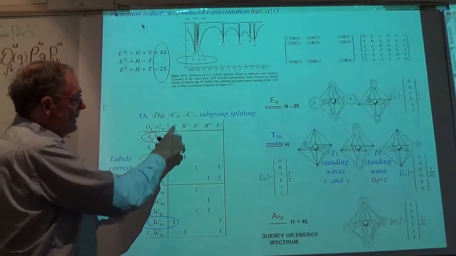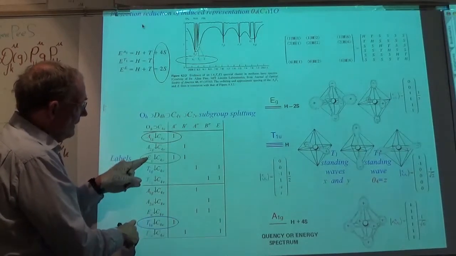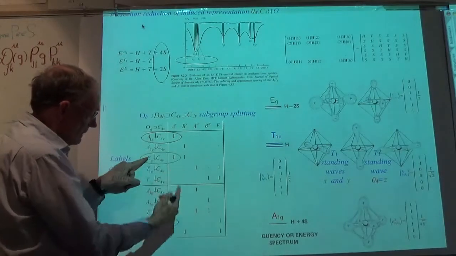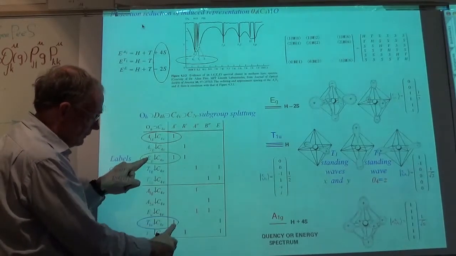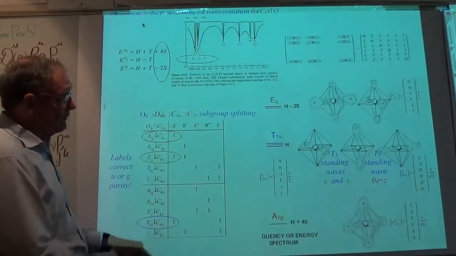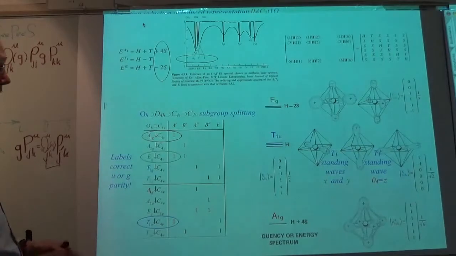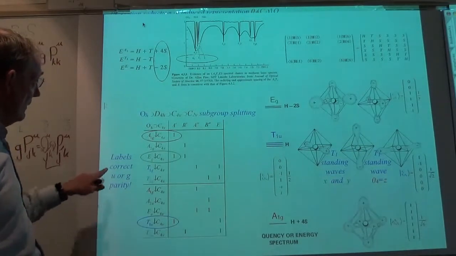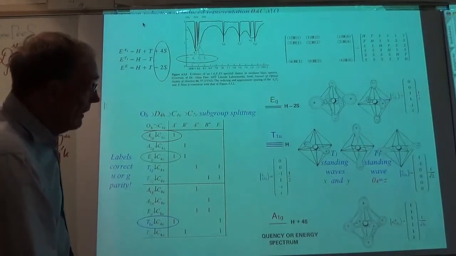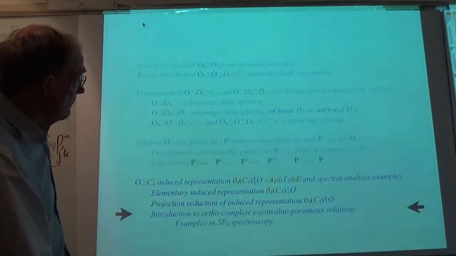And then I would get an induced representation consisting of A1g, Eg, and nothing for T1g, but I do get something for T1u. And that's what we have in this particular induced representation. Full symmetry with parity labels it correctly. It's easy to do just with correlation tables. You don't have to sum over projectors or things.